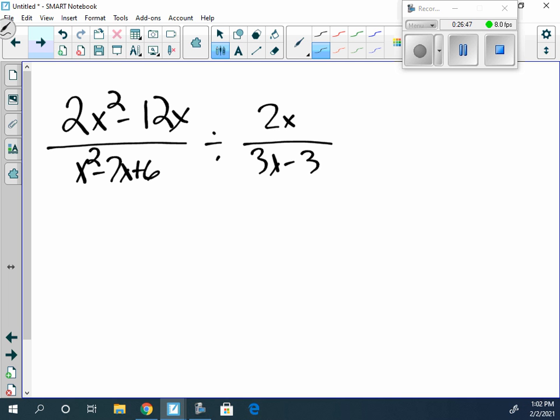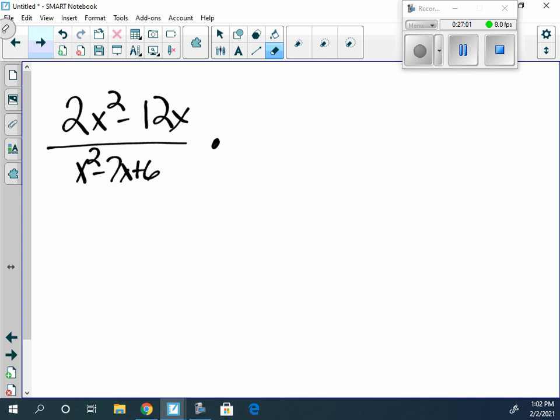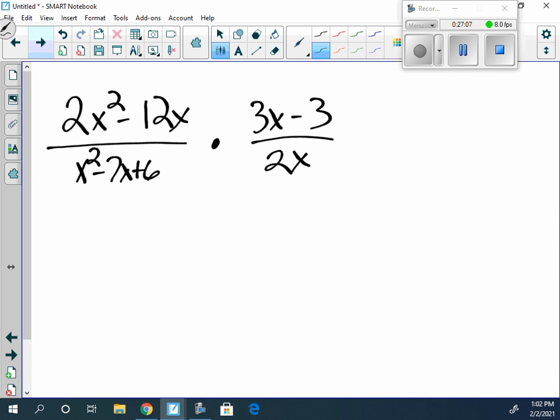Right, and a good first step is to write it as multiplication. So we would change it from division to multiplication, and this would end up being 3x minus 3 over 2x. So we just end up flipping that at the start.